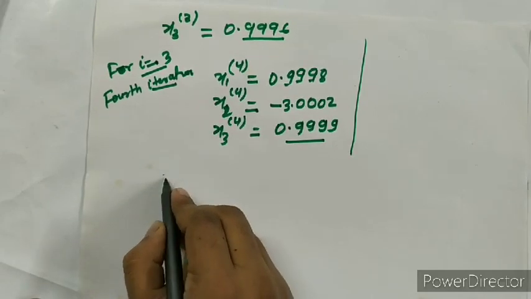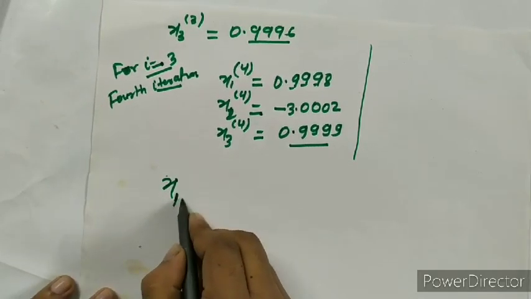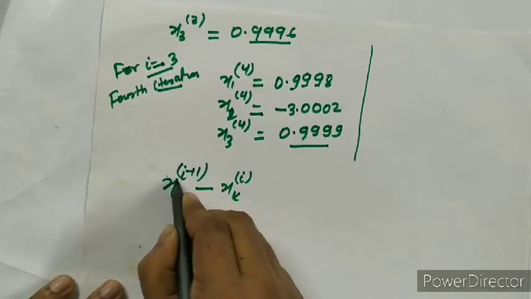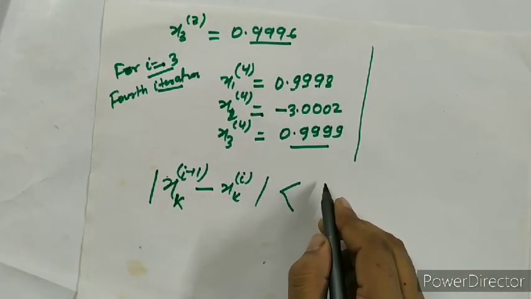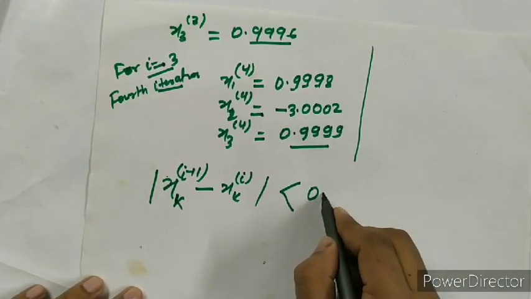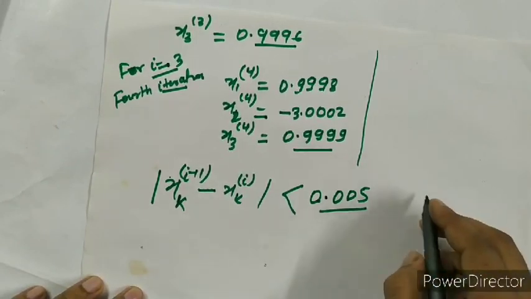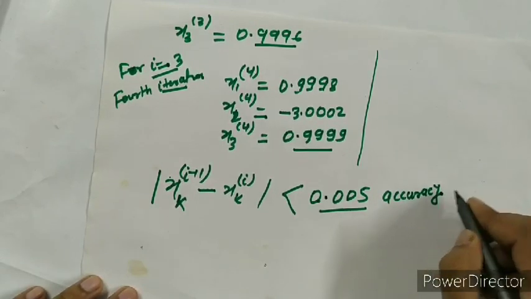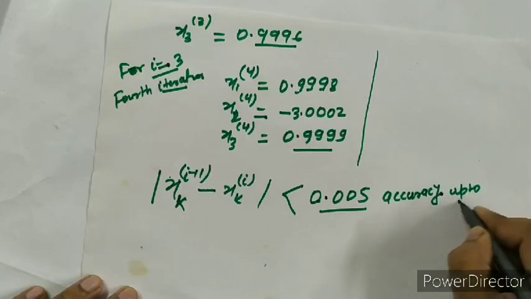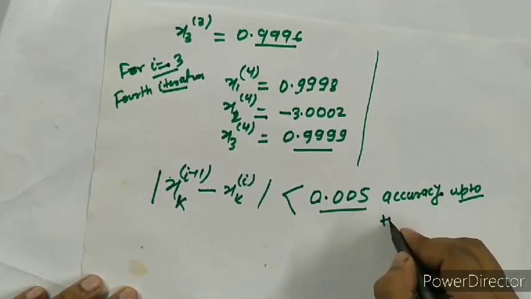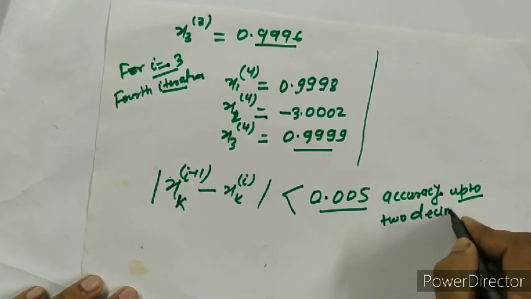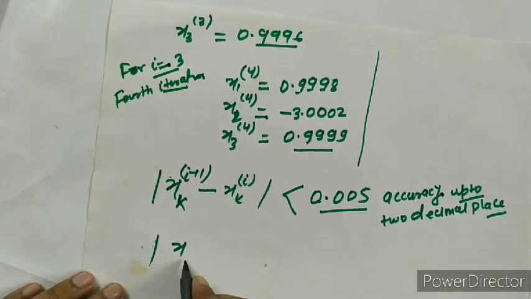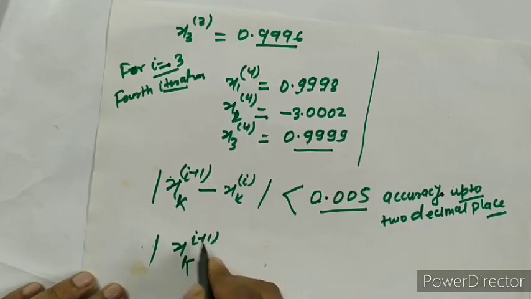Then what we do is check that x k at iteration i plus 1 minus x k at the ith iteration is less than 0.005, which gives accuracy up to 2 decimal places.